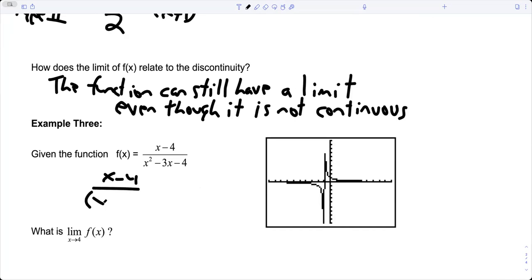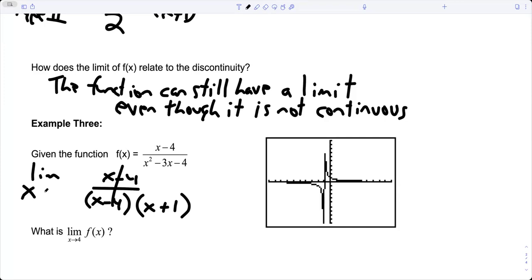Okay, so I've got x minus 4 over x plus 1. All right, and my x minus 4s cancel.